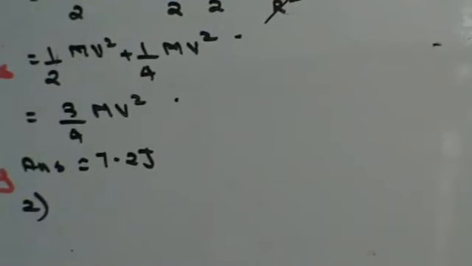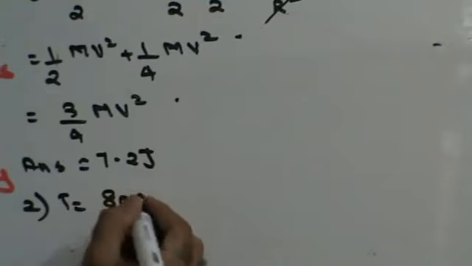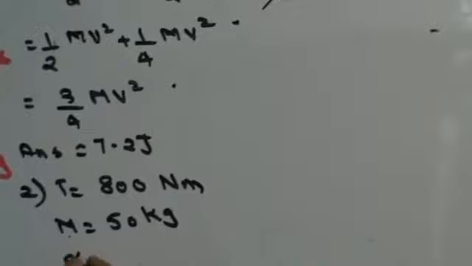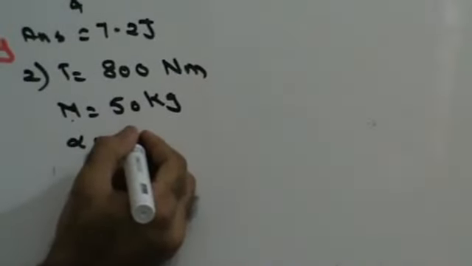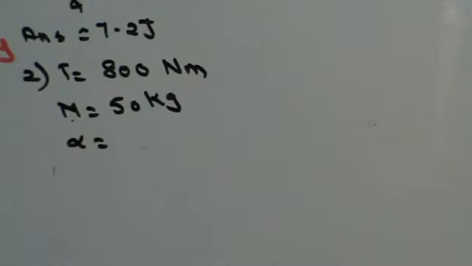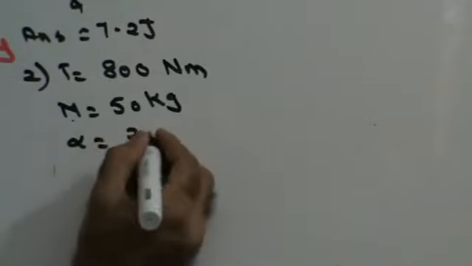A torque of magnitude 800 Newton meter acts on a body of mass 50 kgs and produces an angular acceleration of 20 radians per second square.